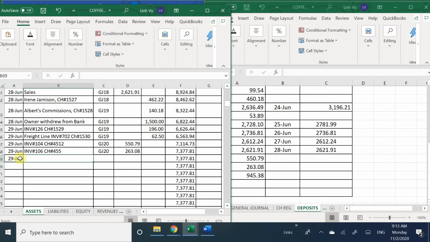Invoice 103, 107. Check 582. Invoice 20. Debit.